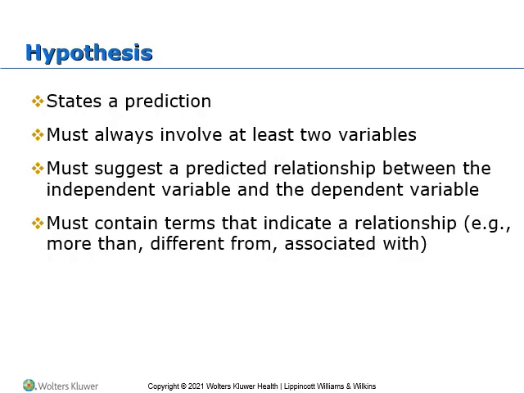So when we look at the definition of a hypothesis, it really is a statement. It's not a question. It's usually a statement that talks about a prediction. It always includes an independent variable and a dependent variable. And it must contain terms that indicate a relationship. And that relationship may be that there is no relationship, or we don't see that in a certain group.